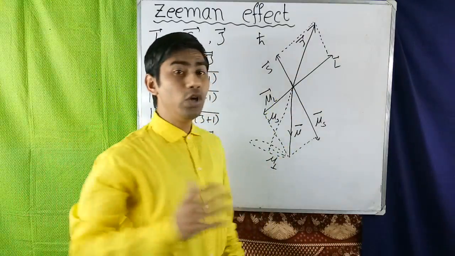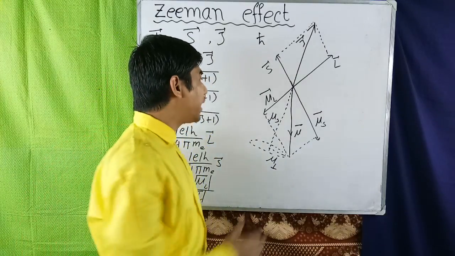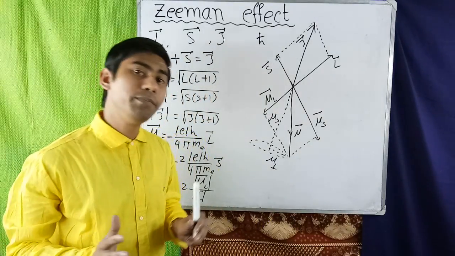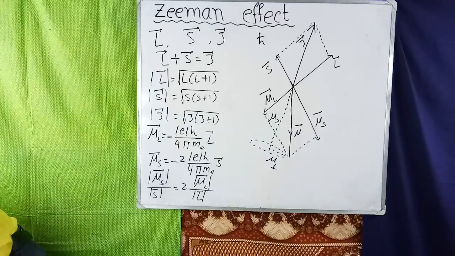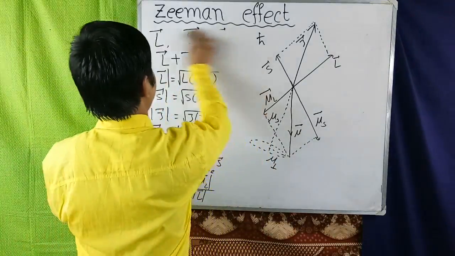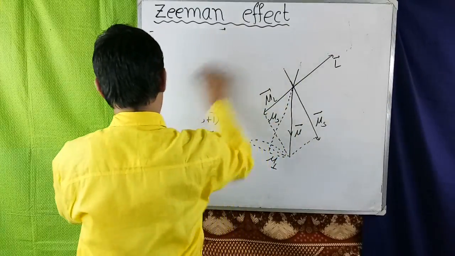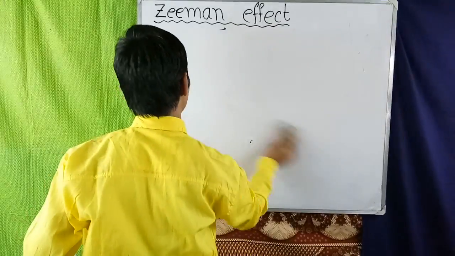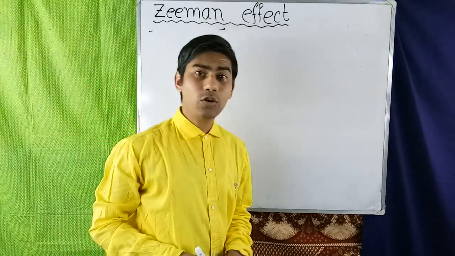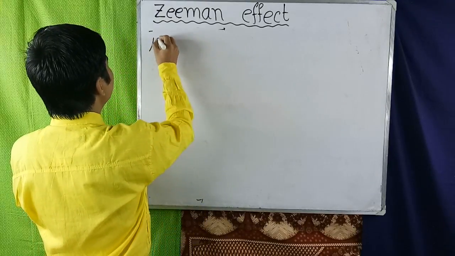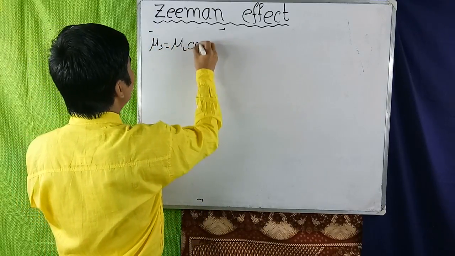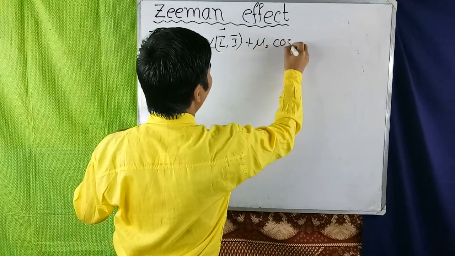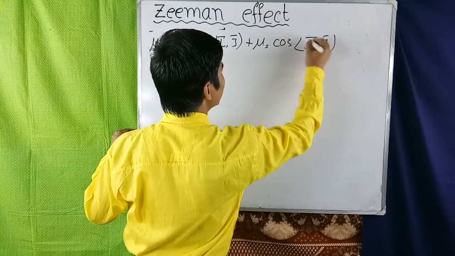So mu J is the effective magnetic moment of the atom. Obviously mu J will be the sum of the resolved parts of mu L and mu S in the direction of J. Now let's calculate mu J. Mu J equals mu L cos of angle (L, J) plus mu S cos of angle (S, J).